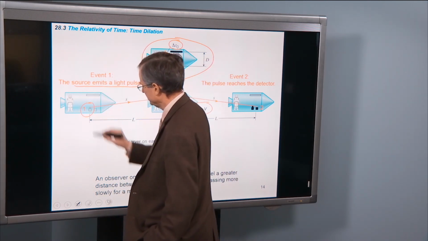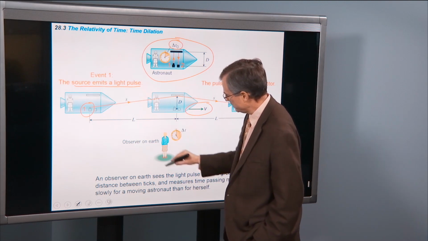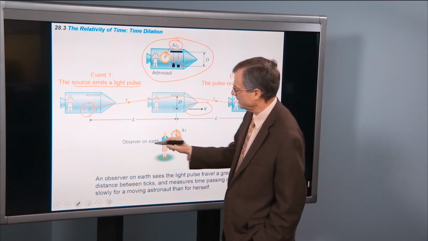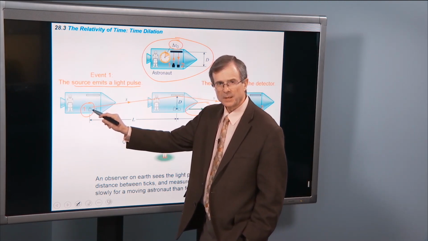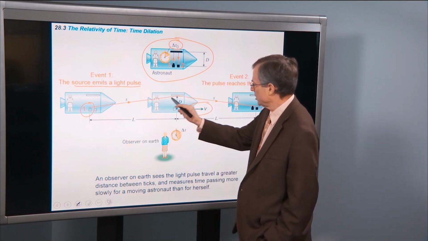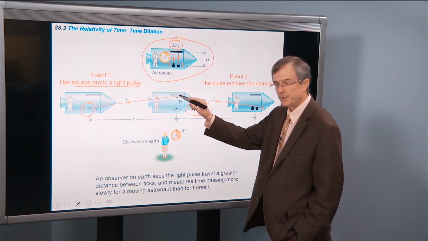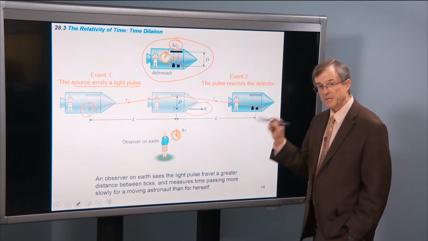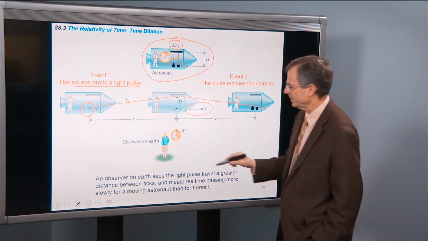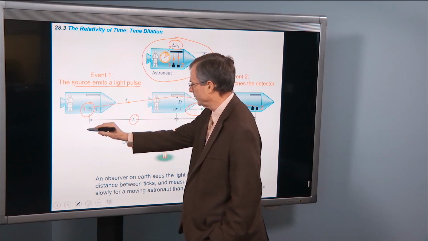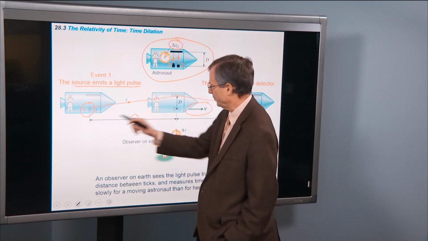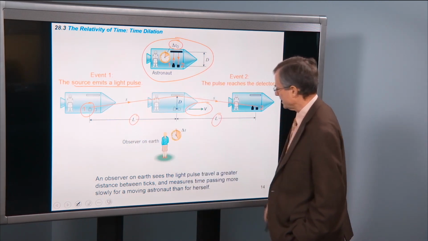That's this. So this observer on the Earth sees the light pulse emitted, travel to the top, a distance d, bounce off of the mirror, and come down to the bottom. But in the meantime, the rocket has traveled a distance L for the first leg and another distance L for the second leg.